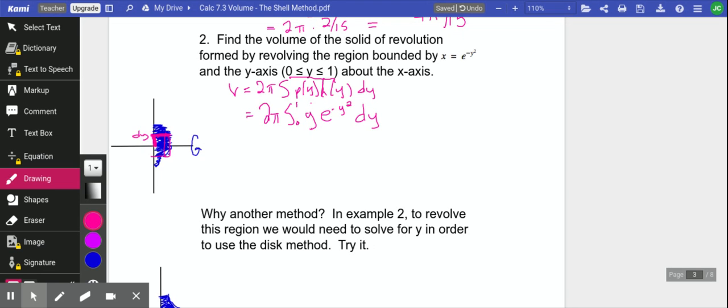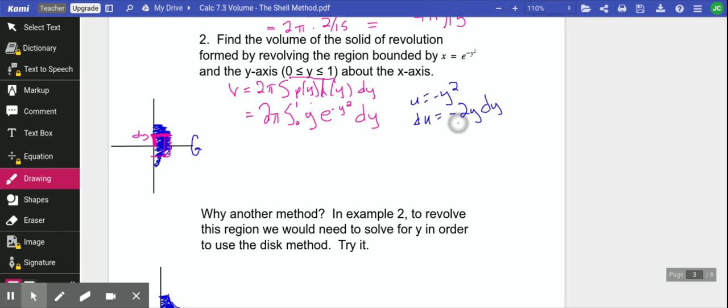All right, so we want to integrate this. This is going to be a u substitution problem. We're going to let u be negative y squared, which makes du negative 2y dy, and we'll divide by negative 2. All right, so when we make that substitution, I'm going to go ahead and change these to u values as well.